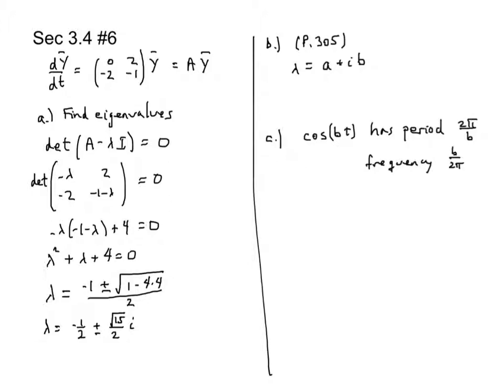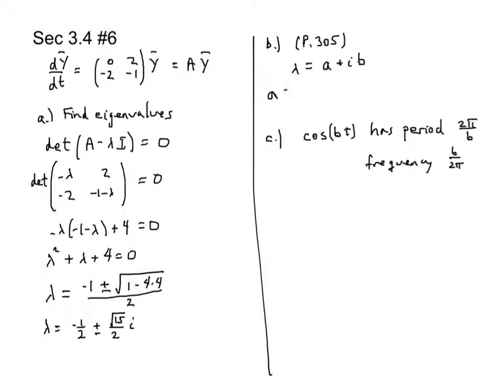If the real part is negative, we'll be spiraling in. If the real part's positive, spiraling out. And if the real part is 0, we will simply be periodic, some form of an ellipse, or maybe even a circle.